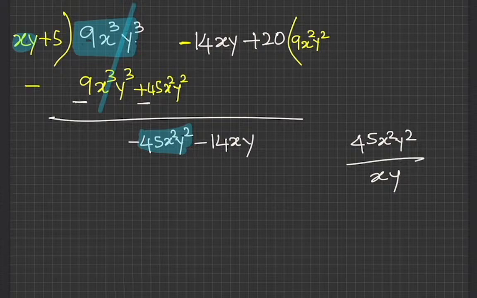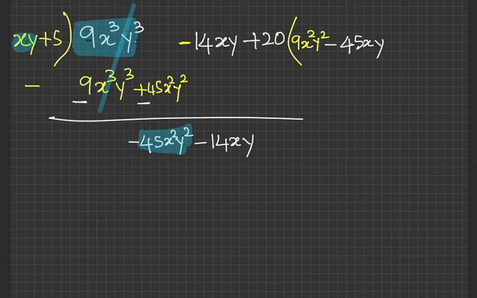So I get, that is negative here, 45xy, right? I'm going to multiply now negative 45. So I'm going to get subtraction.